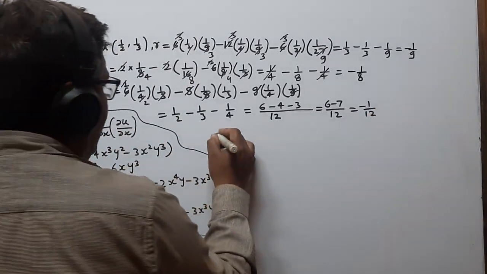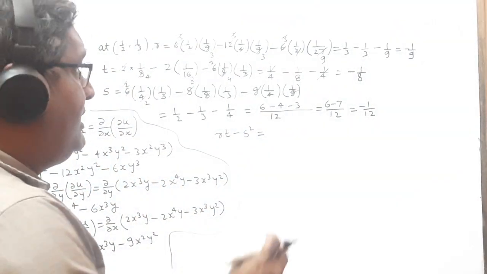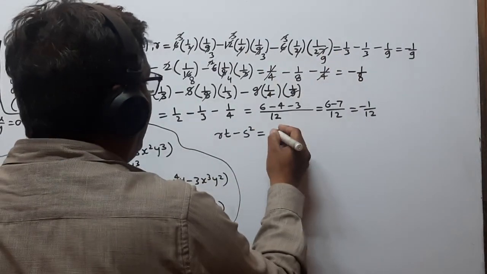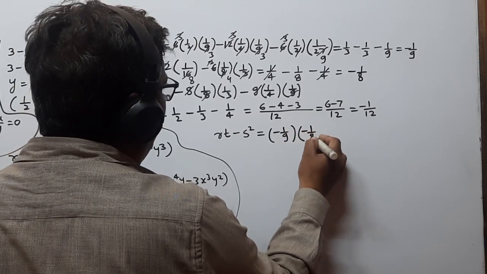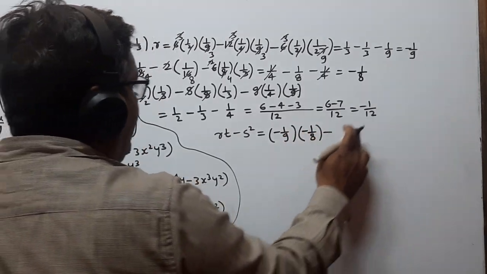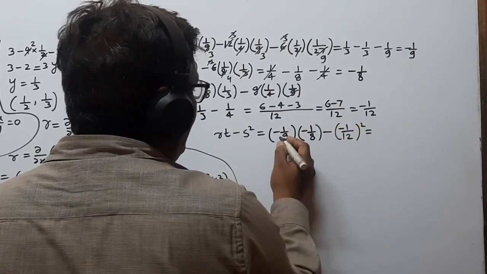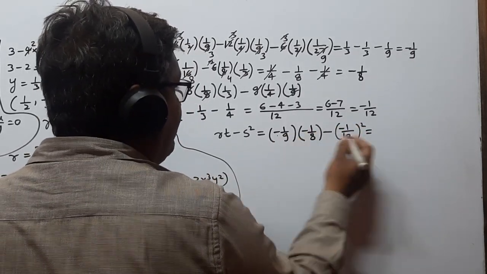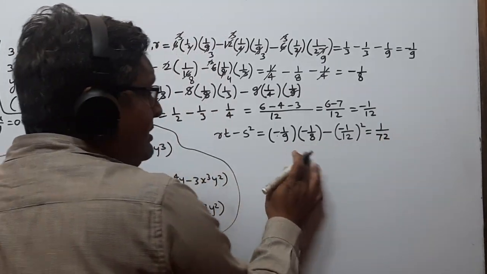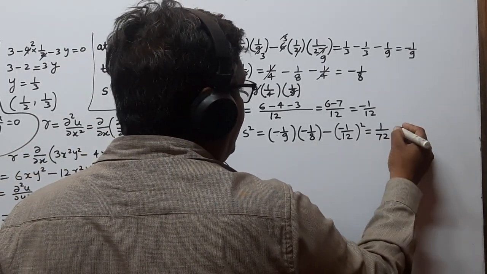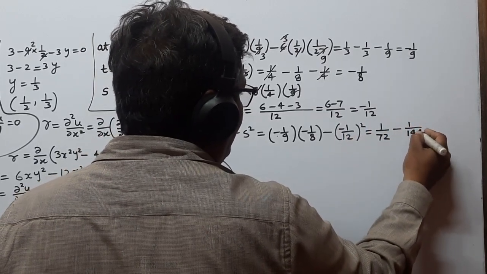Now we find rt minus s square. So you can see here r is minus 1 by 9 and t is minus 1 by 8 and s square is minus 1 by 12 square. So minus minus multiplied gives plus, and 9 multiplied by 8 is 72, and here we write 144.